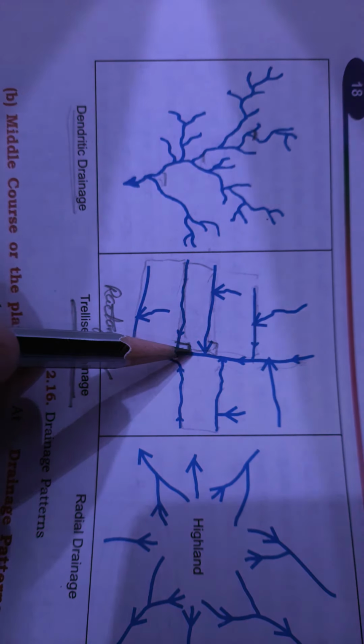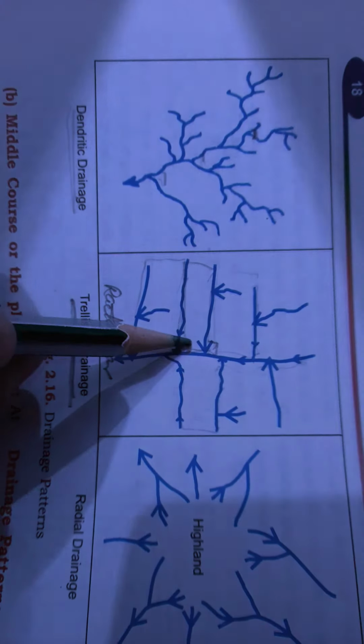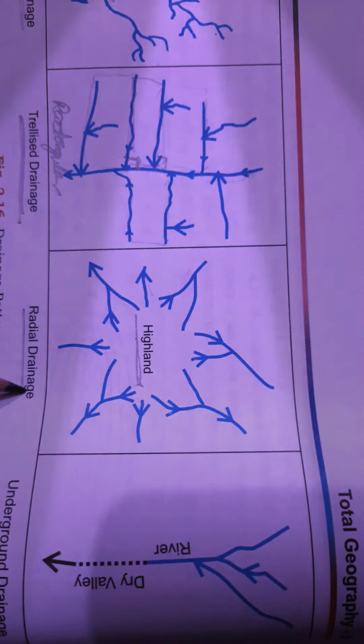You can recognize it by the tributary joining the main stream at a right angle, a 90 degree angle. Now the radial drainage pattern. From the central highland, water flows in all different directions. So this is called the radial drainage pattern, just like in the case of a watershed, where water flows in all different directions. And the last one is the underground drainage pattern.